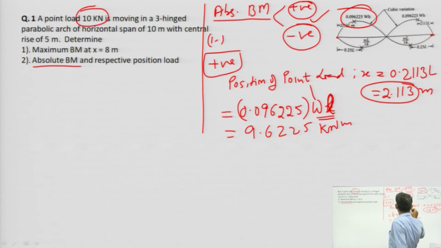W value is 10, L is also 10. Multiply, you will get this one.